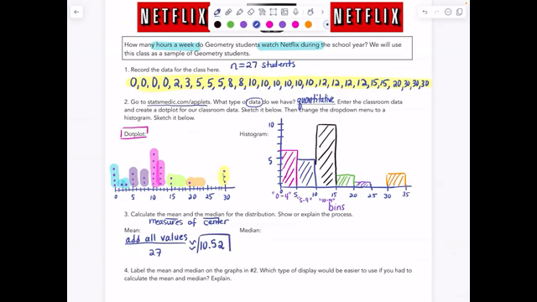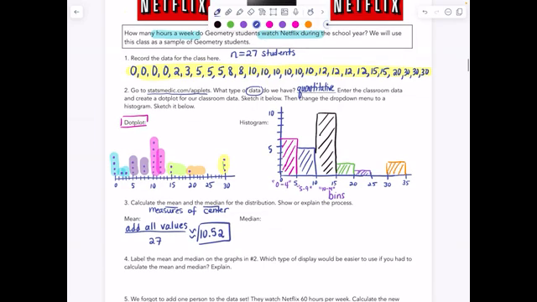So that is the approximate mean. The median is where we're going to put all the numbers in order, or values from smallest to largest, and we are going to find the middle value.